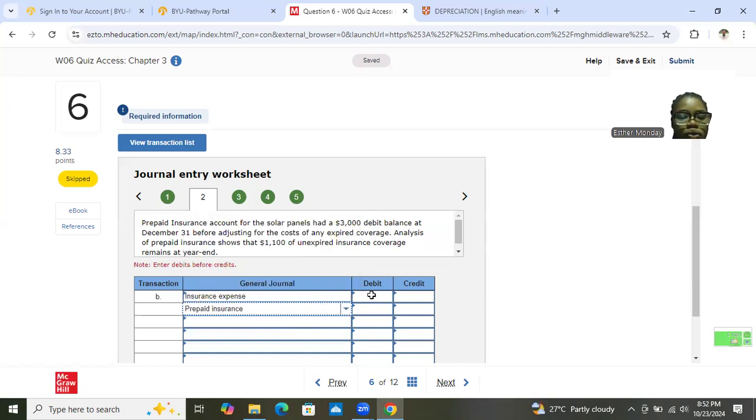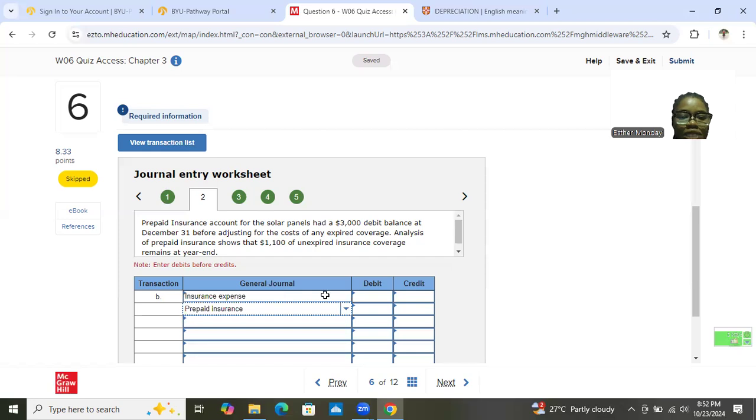In order to know how much was used for the insurance expense, we need to subtract the remaining 1,100 from the 3,000 insurance debit balance to know how much was used at the end of the year.